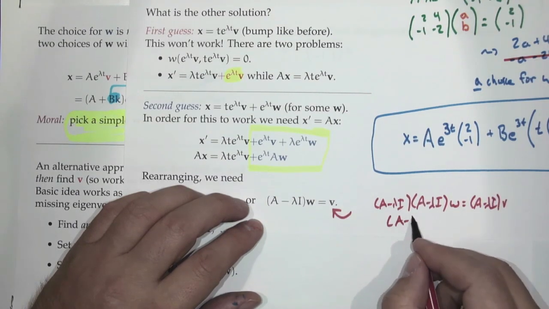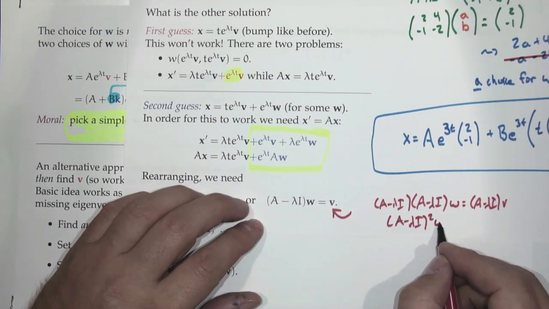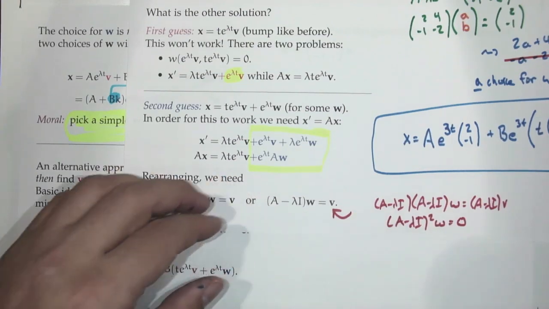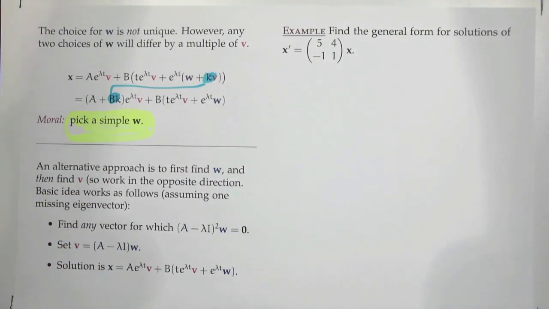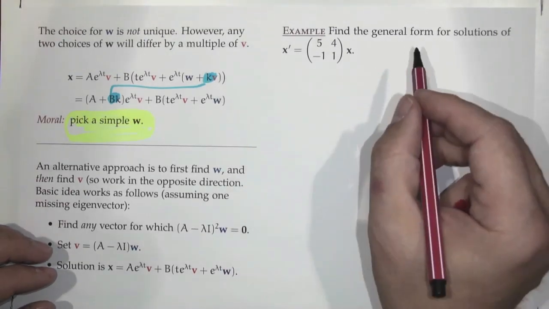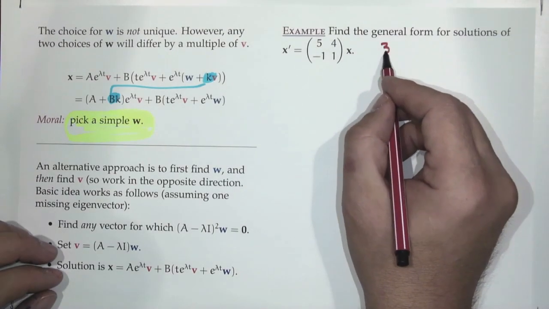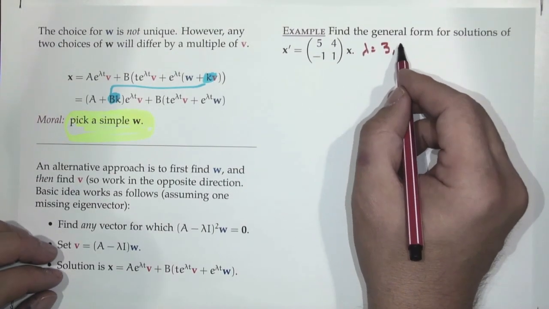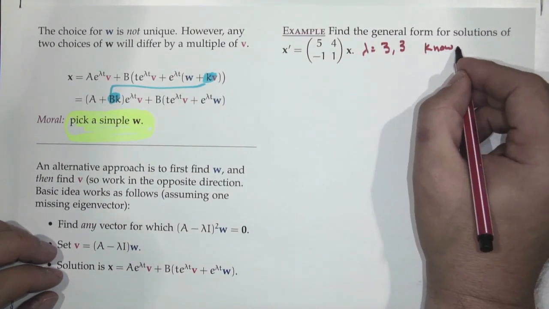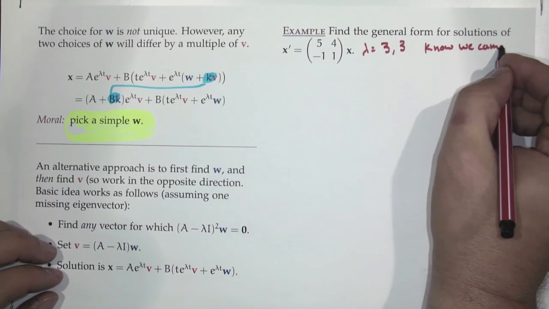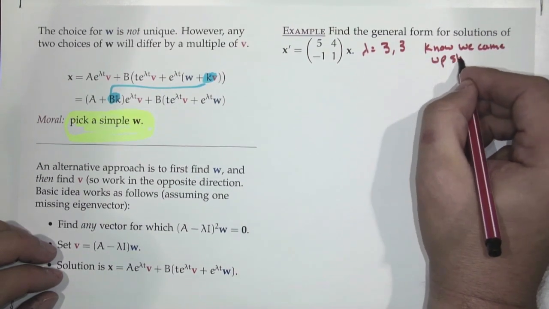So what you see is (A minus lambda I) squared w equals 0. Okay, so how does that help you? Suppose you know that you have repeated eigenvalues and you're short in eigenvectors. So lambda equals 3, 3, and we know we came up short.